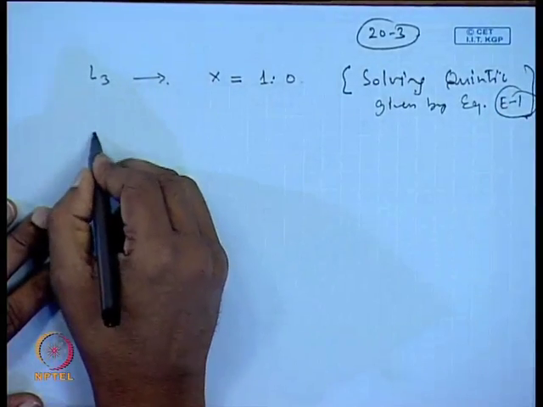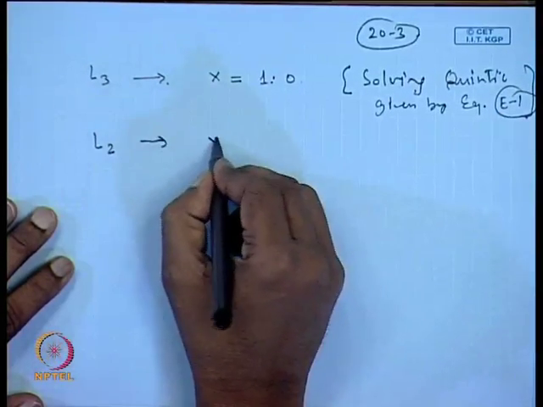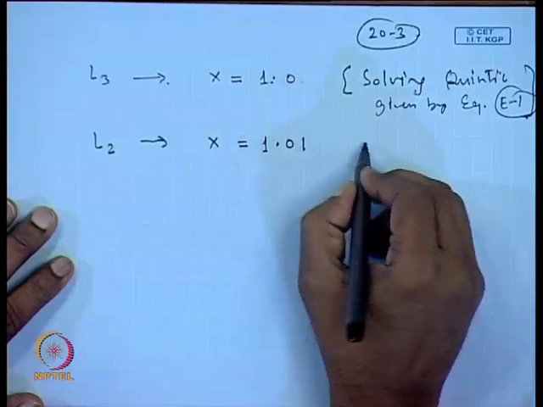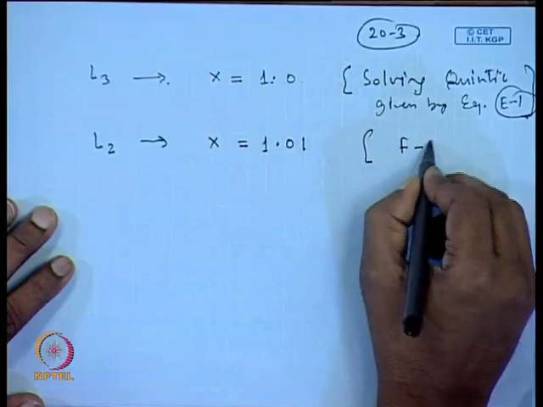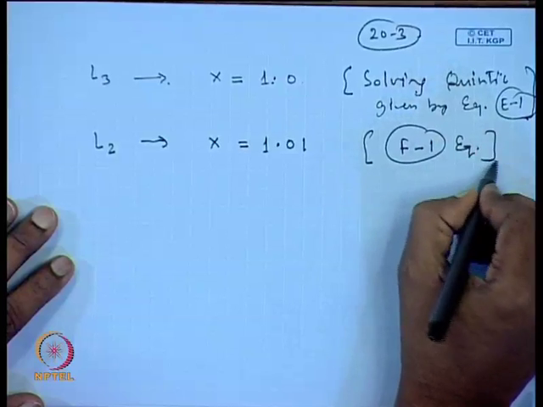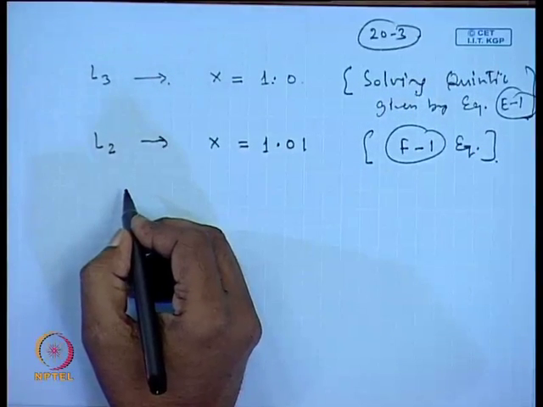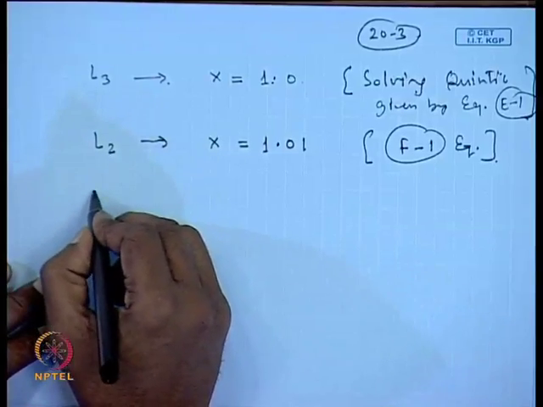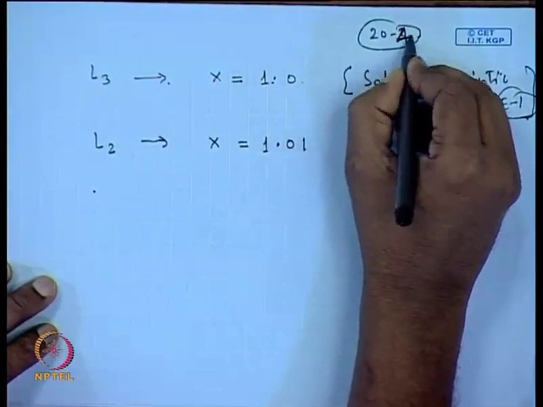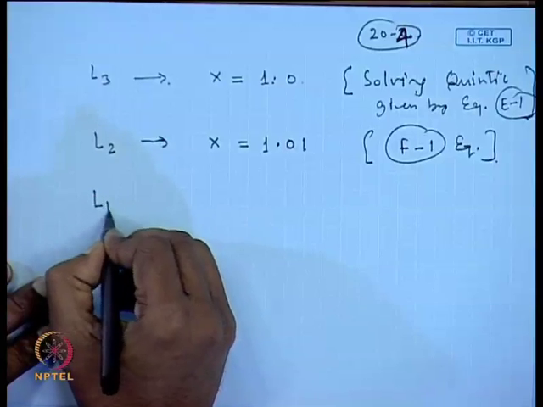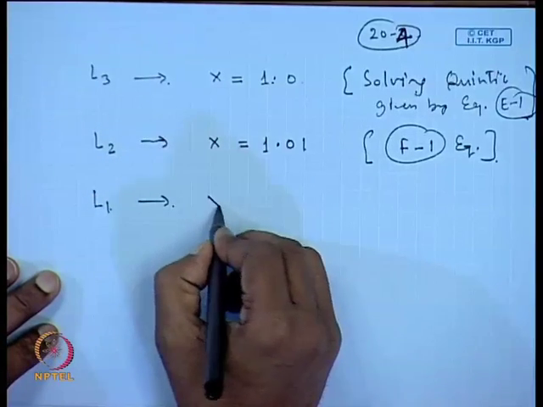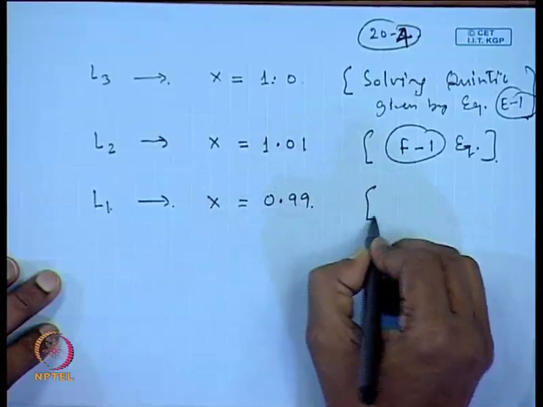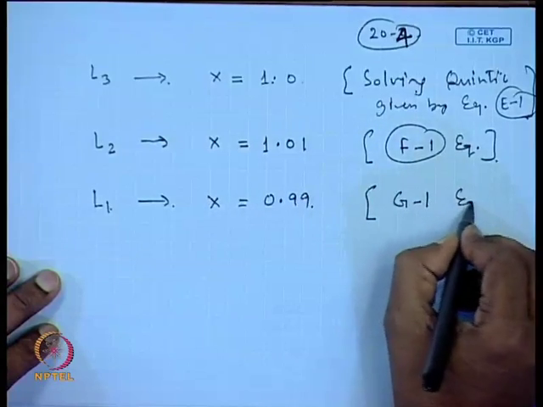Similarly, for L2 you get x is equal to 1.01 and this you obtained from equation F1. And for L1 you get x is equal to 0.99 and this you get from equation G1.